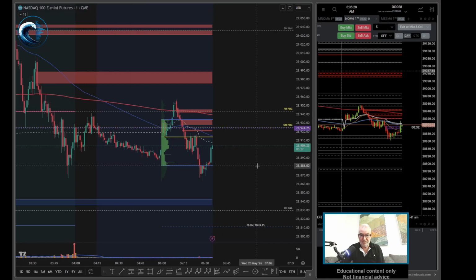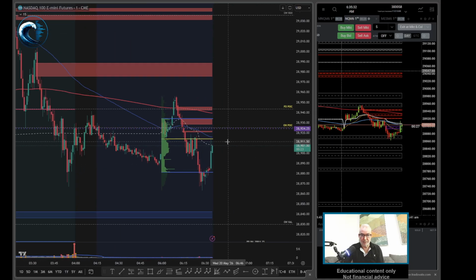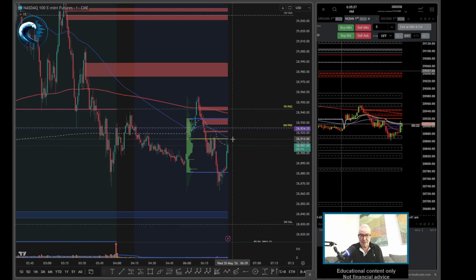So first point of call is the overnight POC, point of control, which is this area. And what are we looking at there? That's an 18 point move.